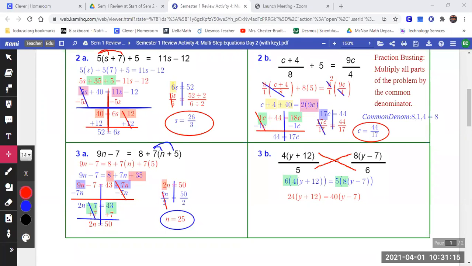We have 2 of them though, 1 on each side. So we're gonna go get our pencil. We need to distribute this 24 to the y and the 24 to the 12 and the 40 to the y and the 40 to the 7, okay? Distribution.